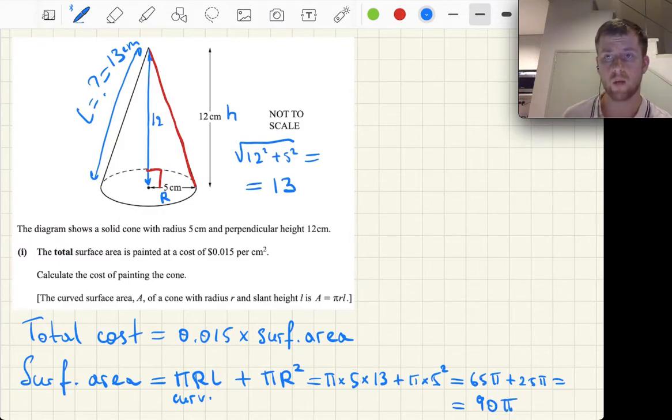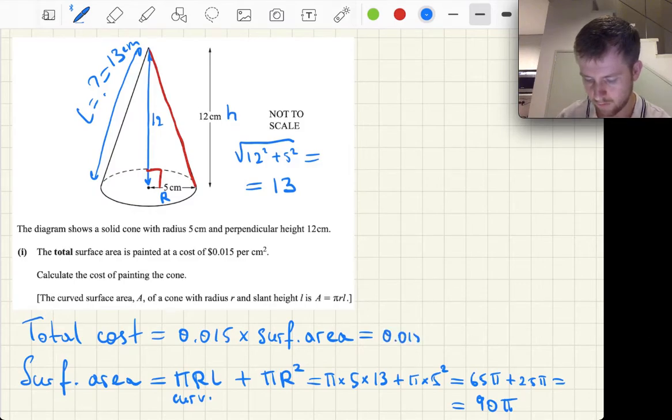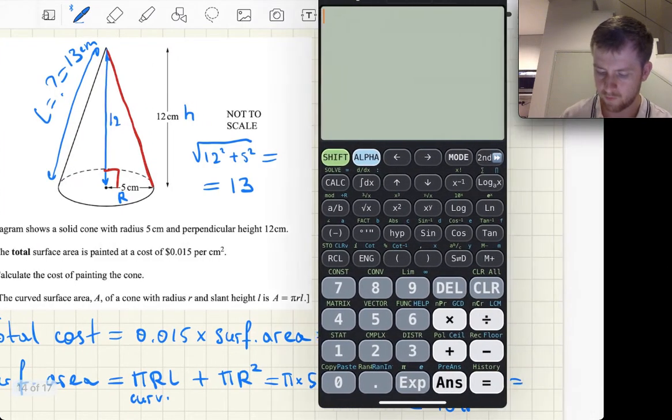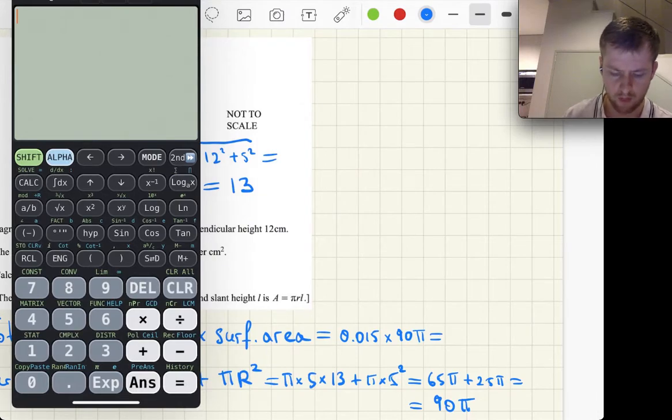So now we paint it at the cost of 0.015. So the total cost will be equal to 0.015 times 90 pi, like this. That will be 1.35, yeah, but let's just check it just in case.